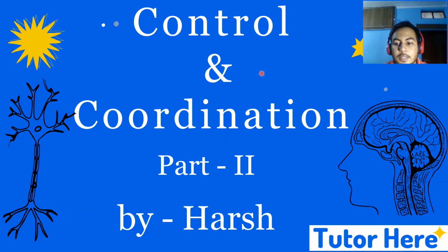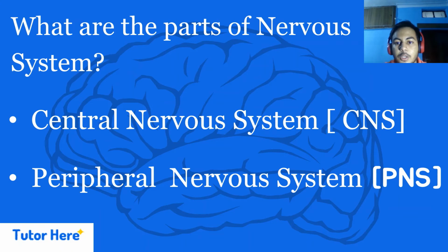So let's get started. First, what are the parts of the nervous system? In humans, our nervous system is divided into two different parts. The first is the central nervous system, written as CNS. The central nervous system is the part of the nervous system that consists primarily of the brain and the spinal cord.